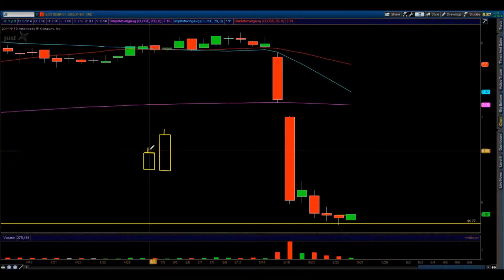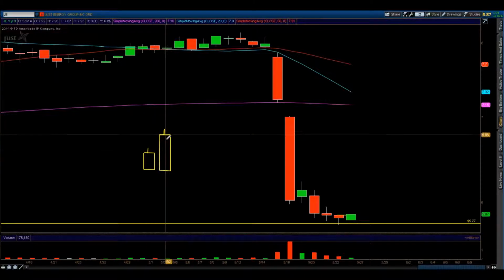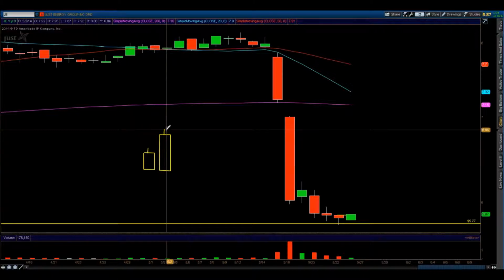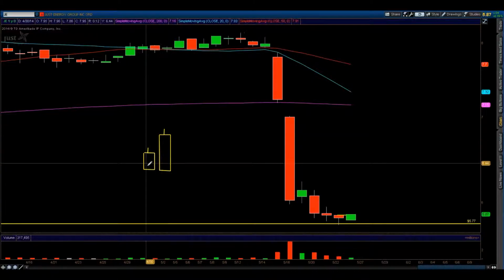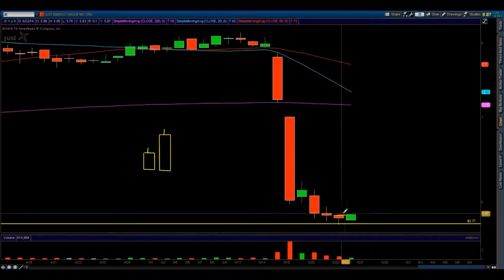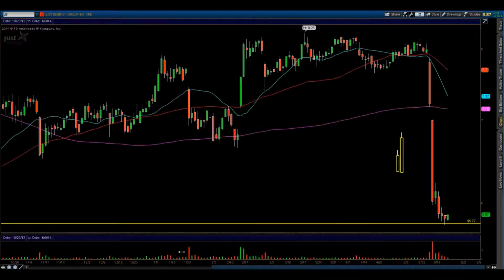So the previous high would be here, and you get an engulfing candle. So it wiped out this entire bar here, kind of like overshadowing it. Think of it that way. That typically is a sign of reversal on a stock. So I'd like to see how this plays out. I'll keep an eye on that one.